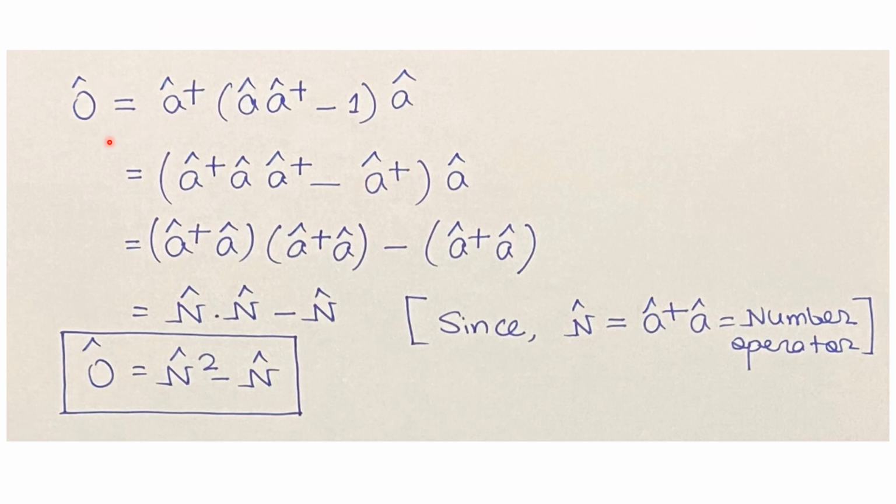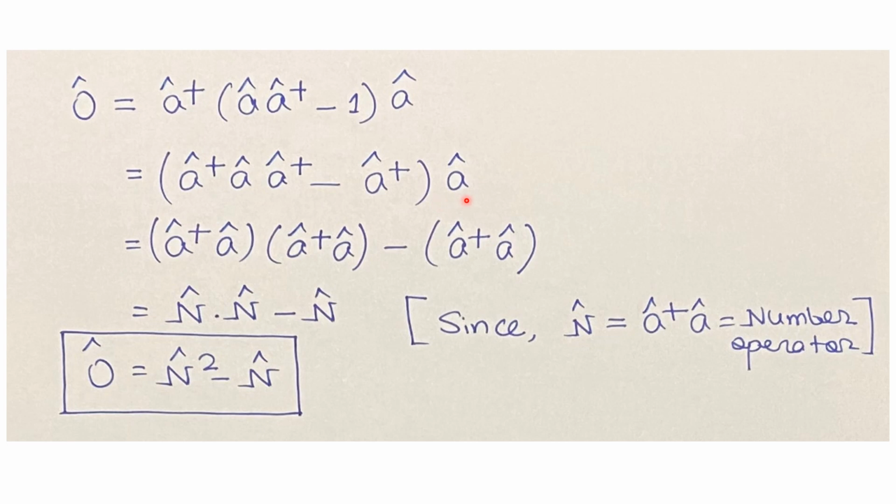So we have O cap operator equals a cap dagger times a cap dagger a cap minus 1 times a cap. Now first we will multiply this a cap dagger with the terms in the parenthesis. So we'll get a cap dagger times a cap dagger a cap minus a cap dagger times a cap.